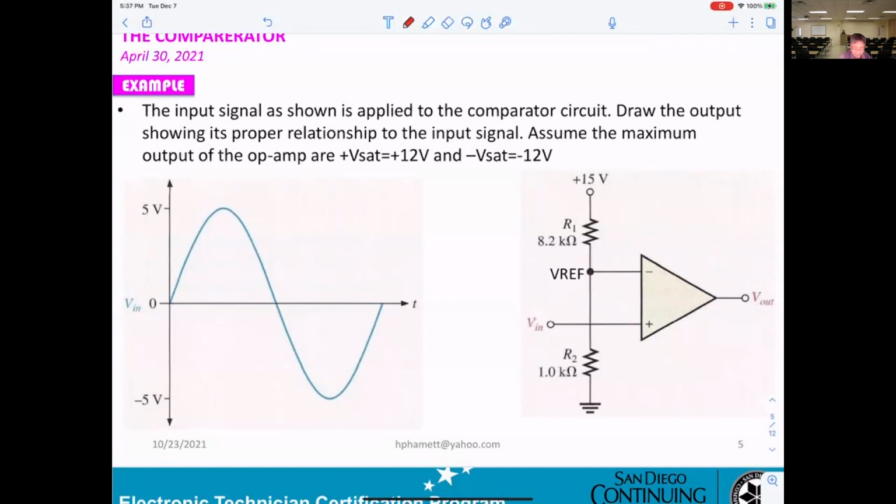Okay, first thing, what I want you to tell me is the value of V reference. Do that calculation and tell me the value.